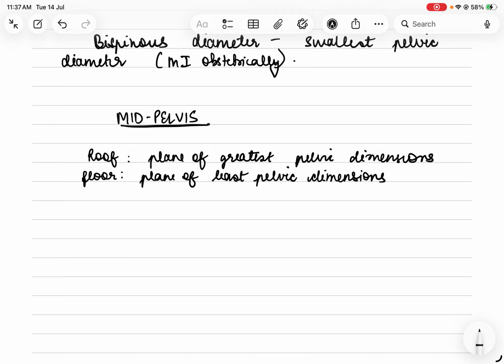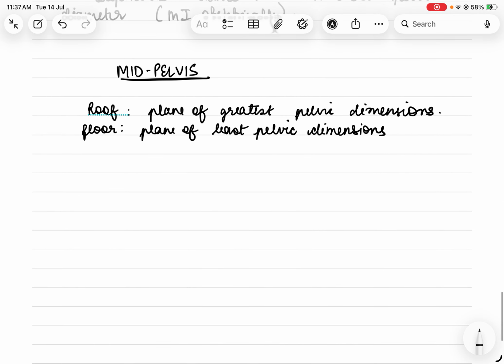Now the mid pelvis is said to be contracted if the interischial diameter is less than 8 cm.